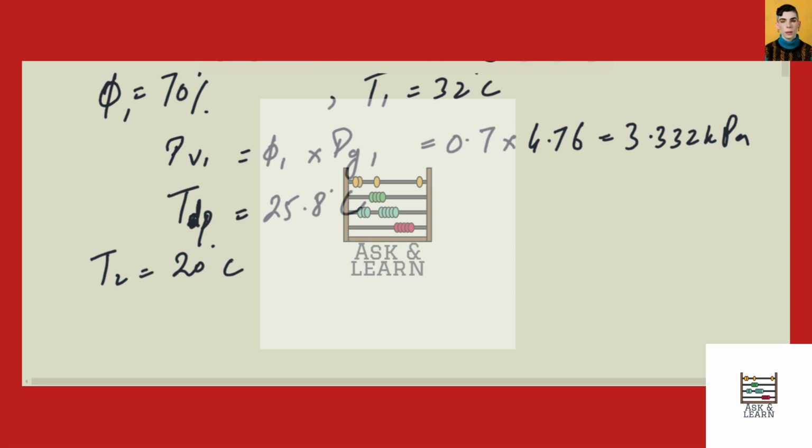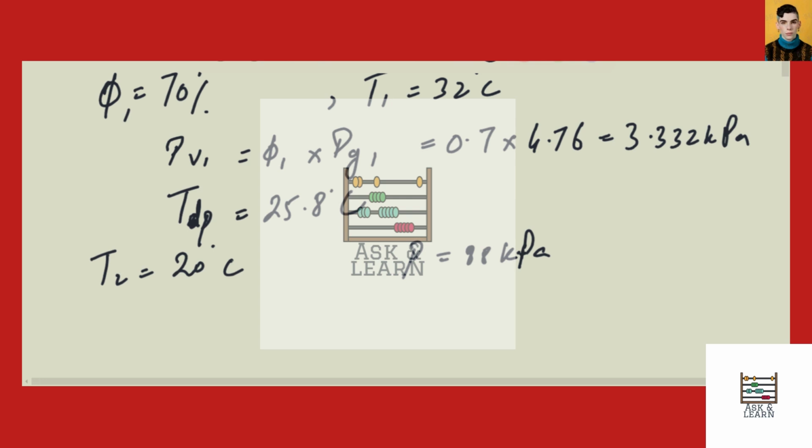To solve this problem, we will first need to calculate some of the needed parameters from the given ambient pressure, that is P is equal to 95 kilopascal, and the calculated water pressure PV1.